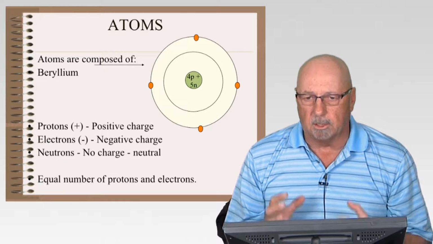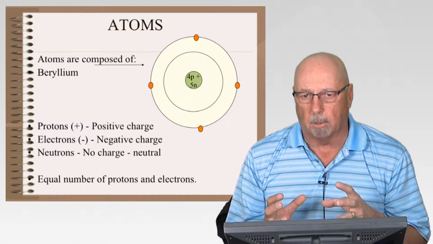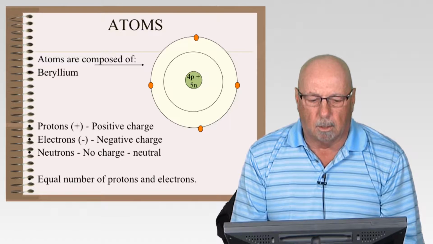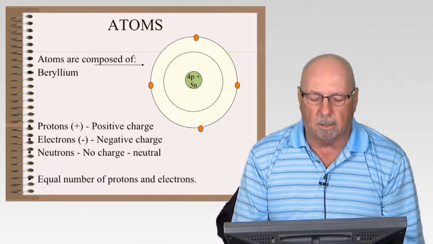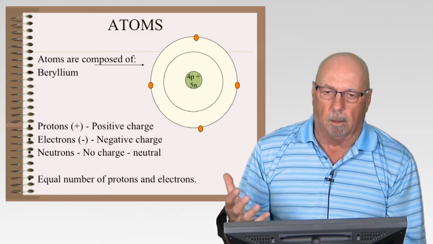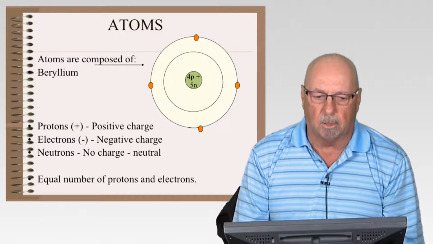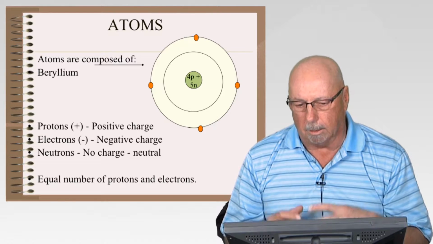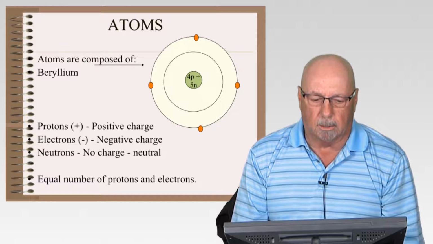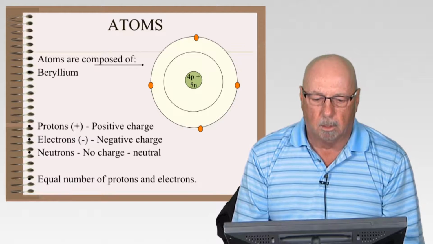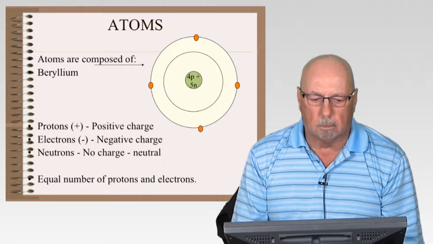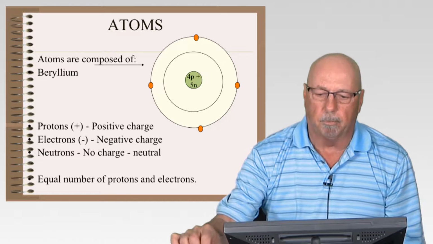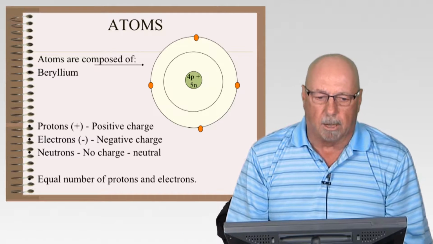For an atom to be in a stable condition, you need to have the same number of protons as electrons, and when it's at that equal number, it's at a happy state, if you will. When you lose an electron from the orbital of the atom, it will want to do something to regain that void the electron has left, to become a non-reactive type of material.